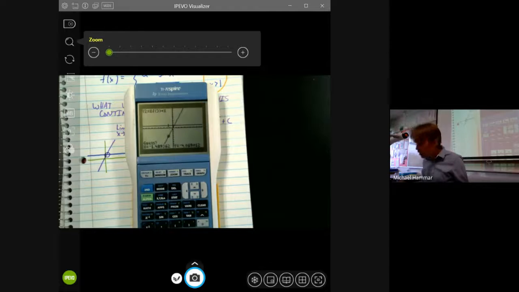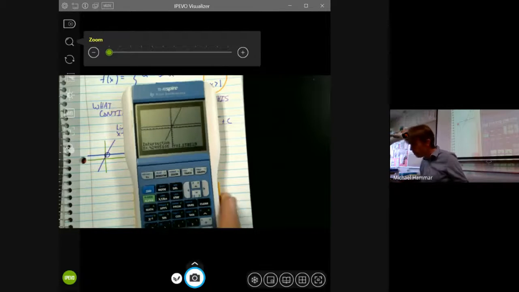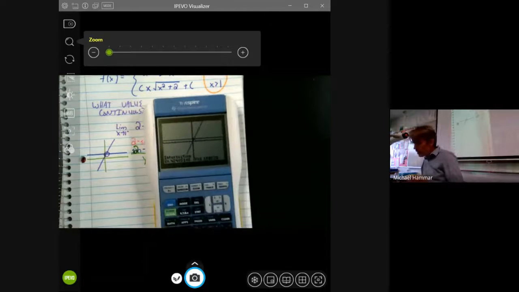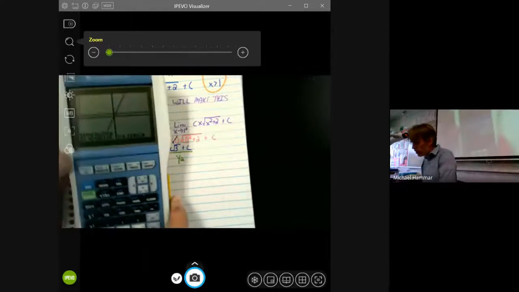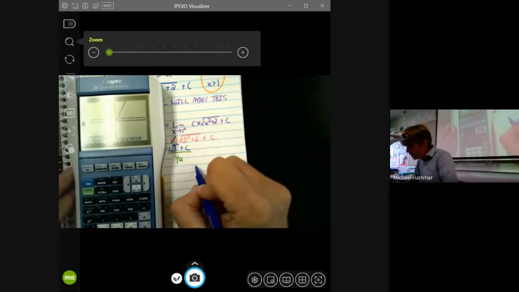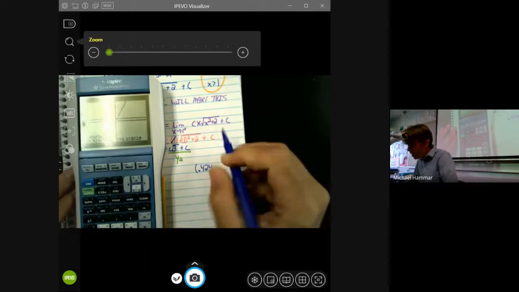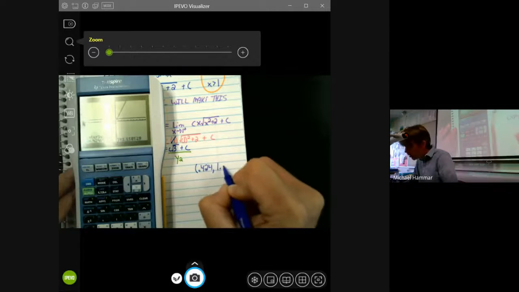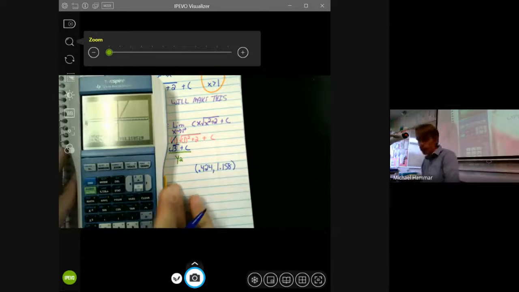And now that you've marked both of them, you need to guess. Okay? So the place where these two lines intersect, you'll notice right here in the bottom, gives us x is 0.424, and the y value is 1.158. Okay?